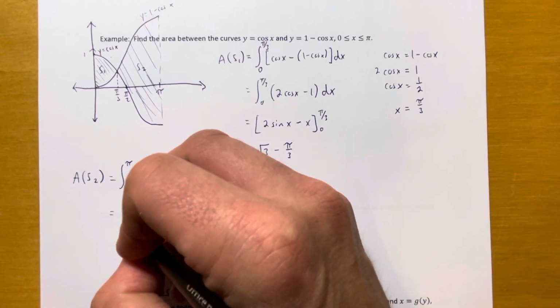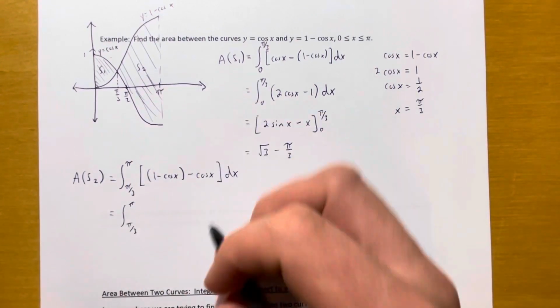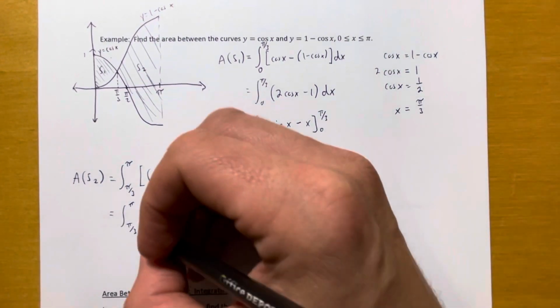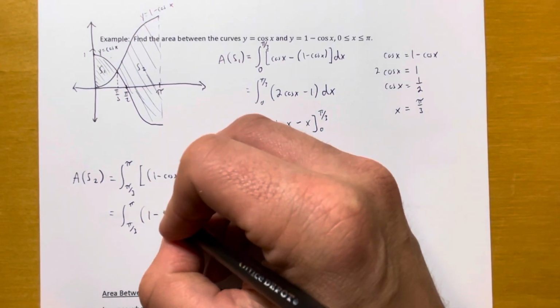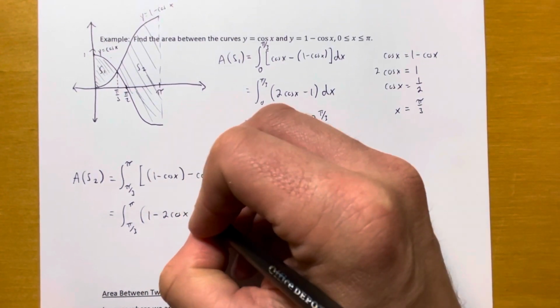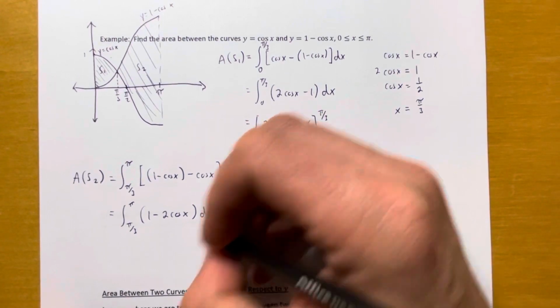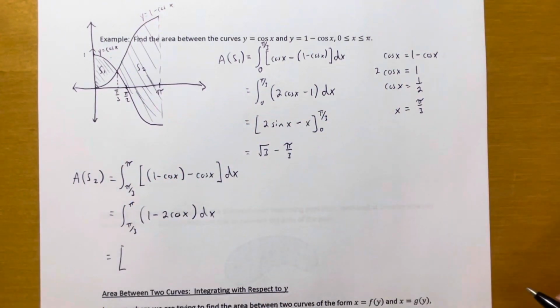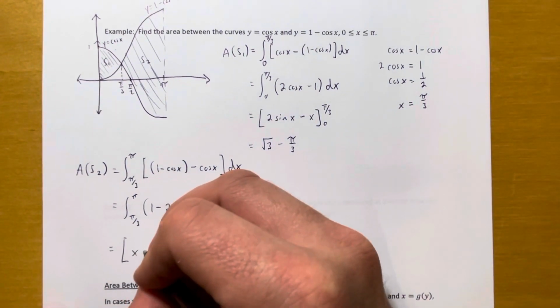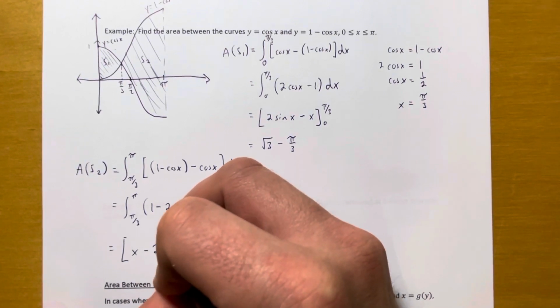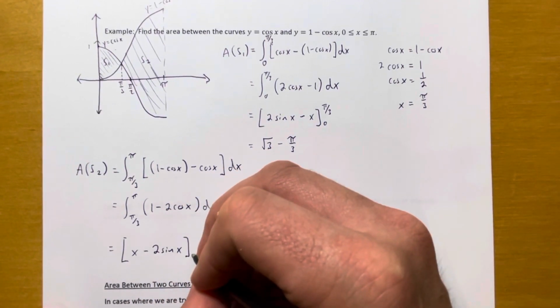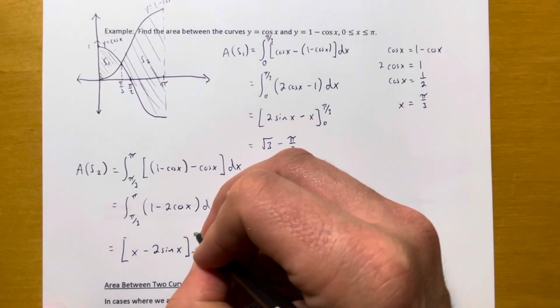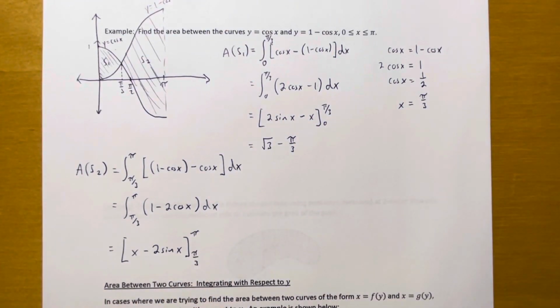Let's simplify things. 1 minus cosine of x minus another cosine of x is 1 minus 2 cosine of x dx. Integrating this is also very straightforward. I'm going to get x minus 2 sine of x from pi over 3 to pi. Okay? From here, it's arithmetic, right?